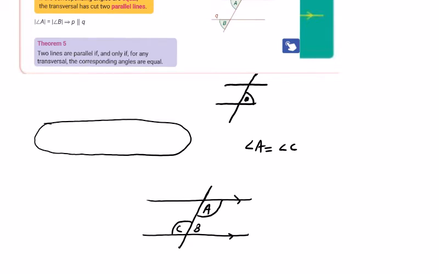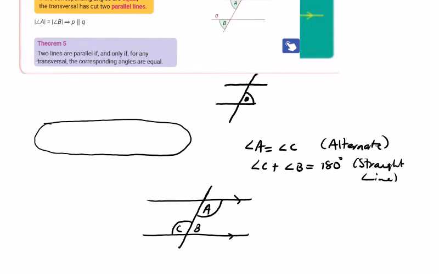And we can say that angle C plus angle B is equal to 180. And we always write in why, so here it's alternate. Here we have our straight line. So what can we say? We want to say that angle A plus angle B is 180 from above here.